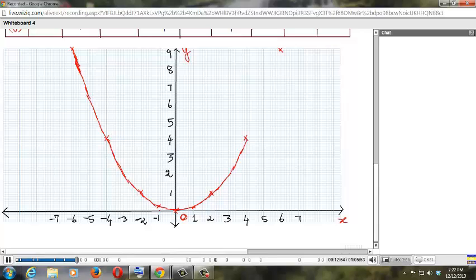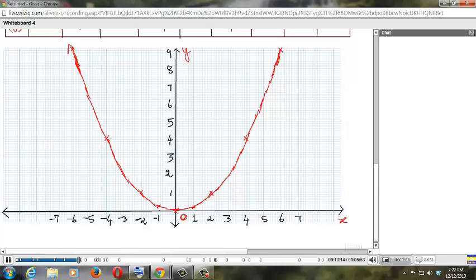It is joining all these points, and because we have taken the different values of y as symmetric points about the origin, we get a symmetric curve which is the parabola.